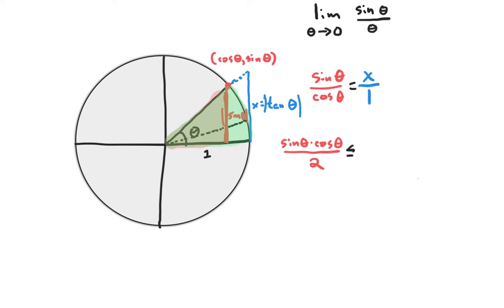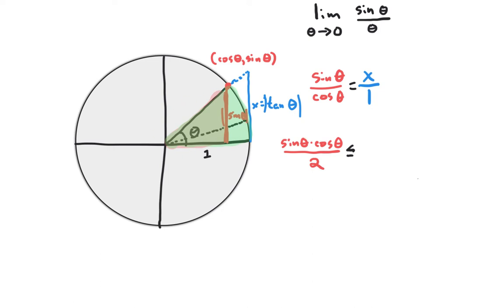So what's that area? Well, the entire circle has area pi r squared, and r is 1, so the area of the circle is pi square units. And we're taking theta over 2 pi-ths of that circle.